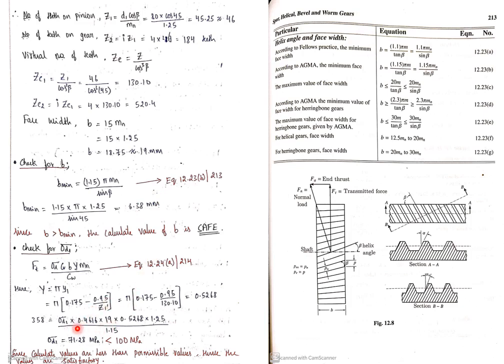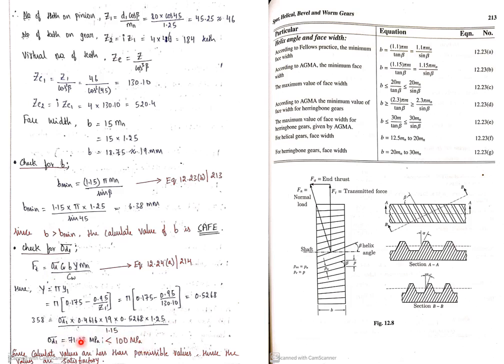Now pi into, this is the formula where Z1 we have to take as Ze1, that is the virtual number of teeth on the pinion. So this is the form factor you got. If you substitute all the parameters which you have calculated before into this equation, you will get sigma d1. This must be less than the given value.